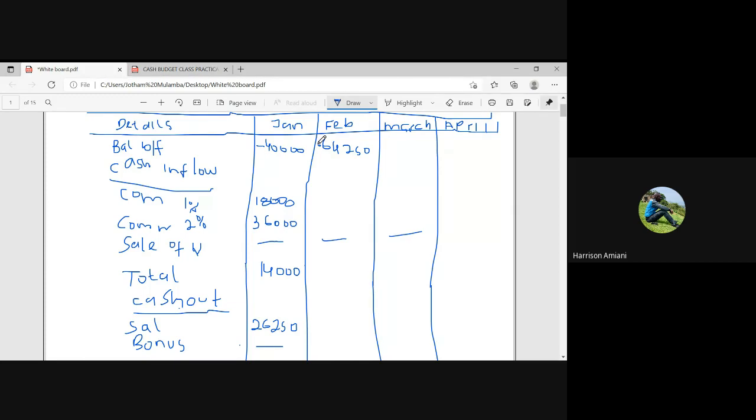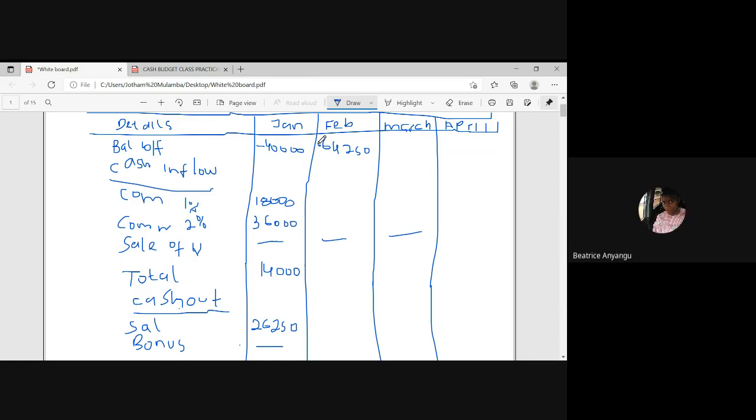It says we have a cash balance at the start of January 2019, and that is expected in our cash budget. Okay, I have understood.